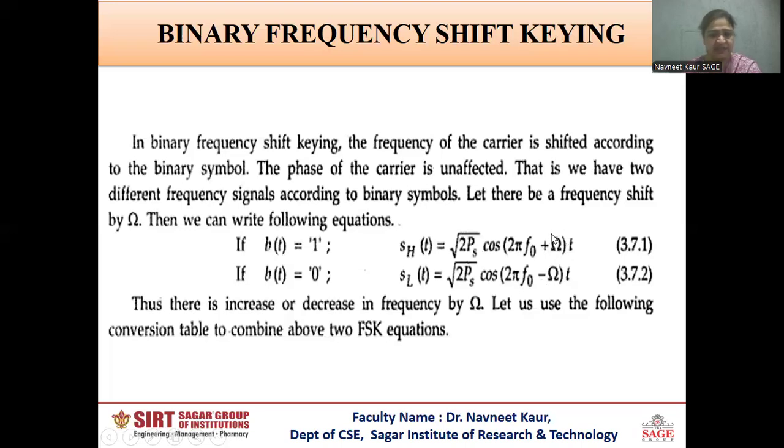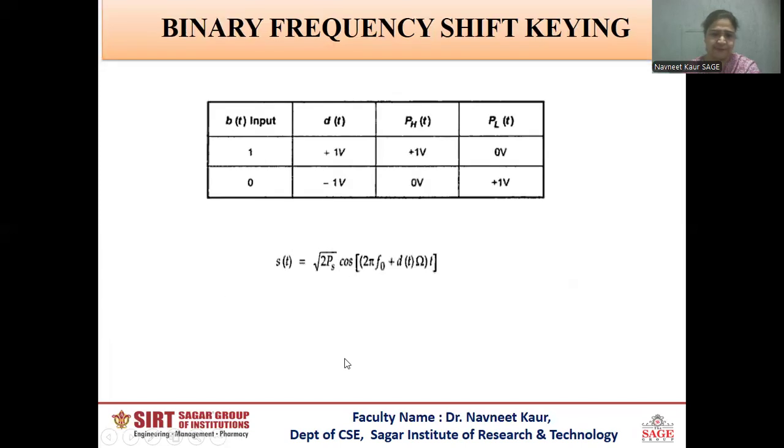Either it is increased by this amount or it is decreased by this amount depending on the message signal, whether it is 1 or 0, or we can say it is 1 or minus 1. So here I have told you that I'll change the unipolar message signal to bipolar. For 1 it is plus 1, for 0 it is minus 1.